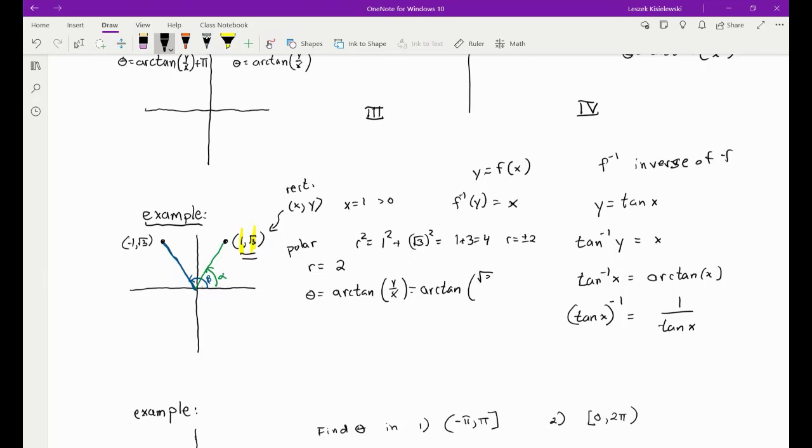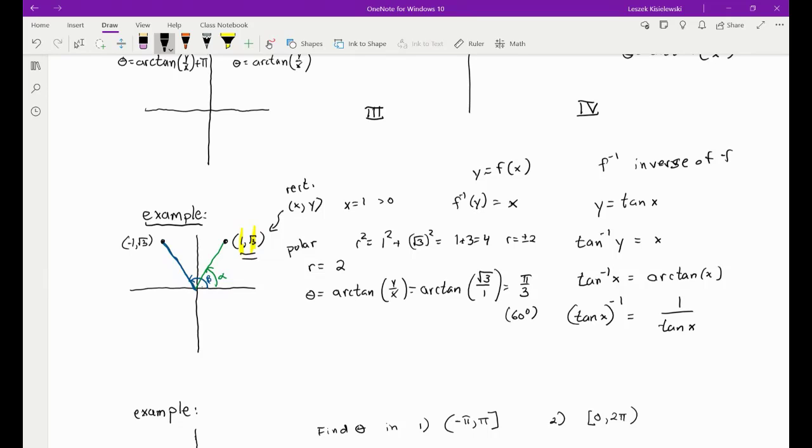So the y coordinate is square root of 3, the x coordinate is 1, and arctangent of square root of 3 is pi/3 radians, or if you'd like, it's 60 degrees.